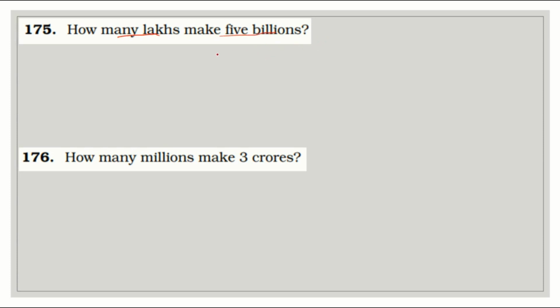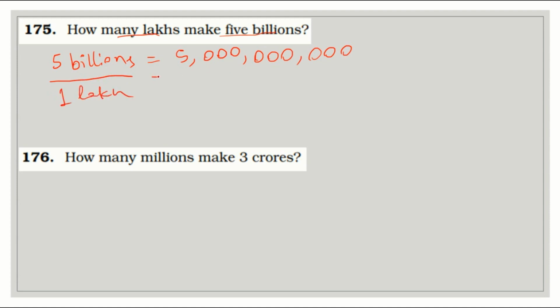See, if you want to find out, first convert 5 billions into lakhs. 5 billion is nothing but 5 comma 3 zeros for the sake of millions, 3 more zeros for the sake of thousands, and 3 more zeros for hundreds, tens and units.